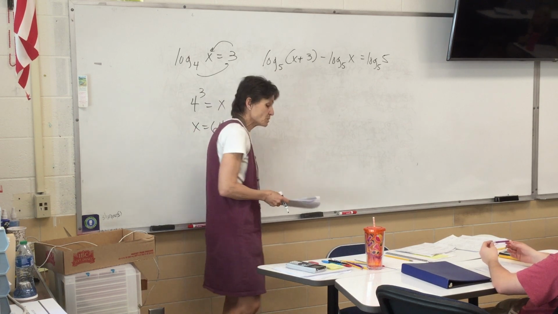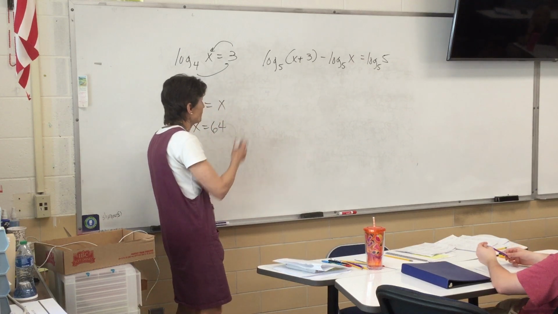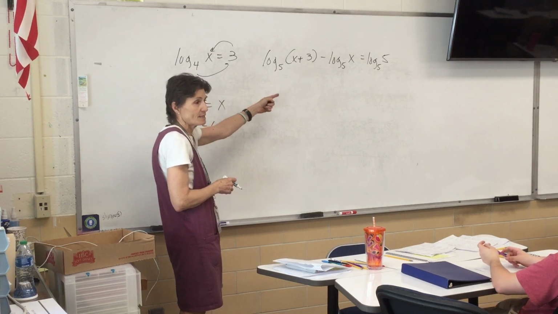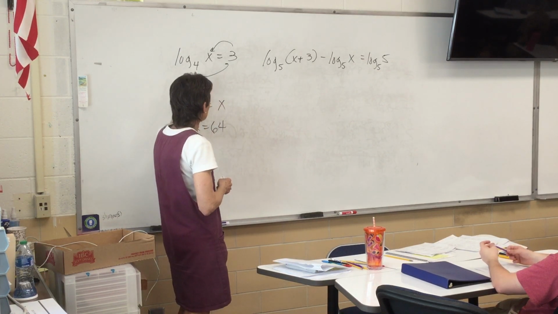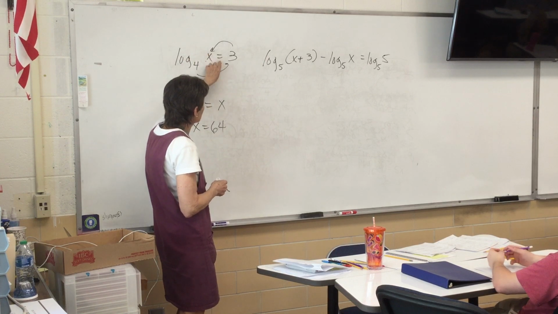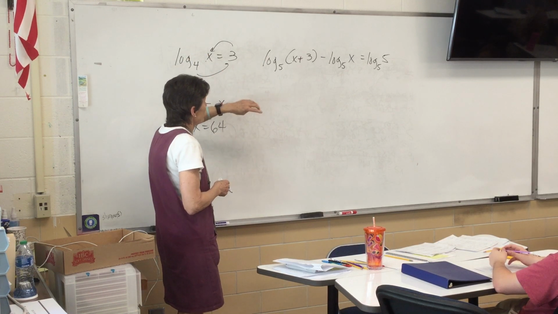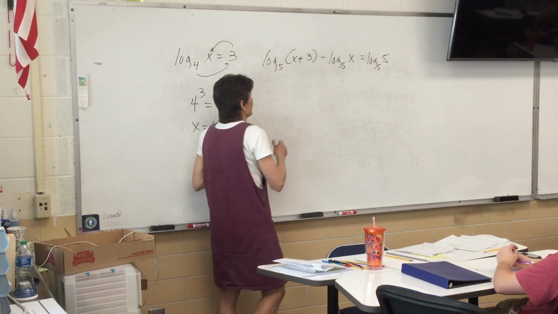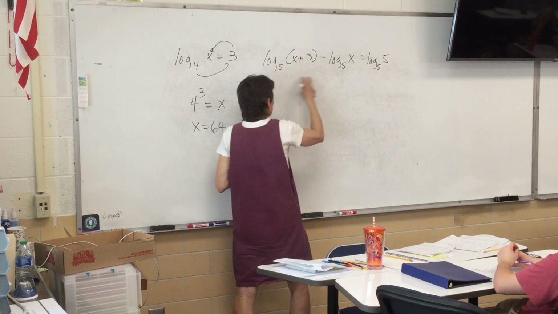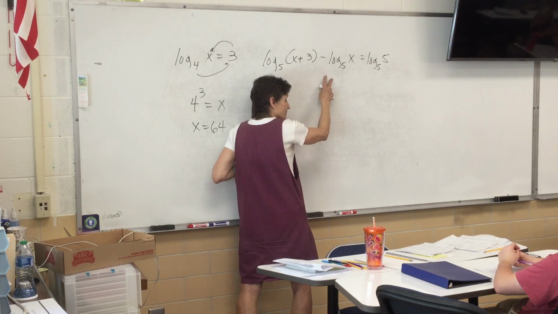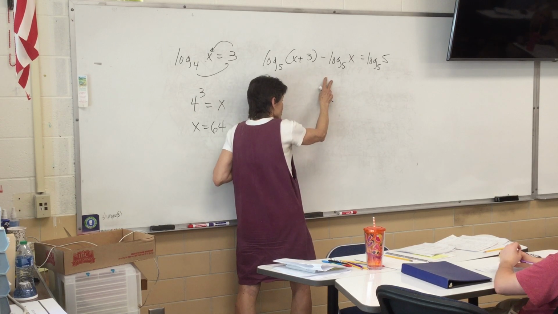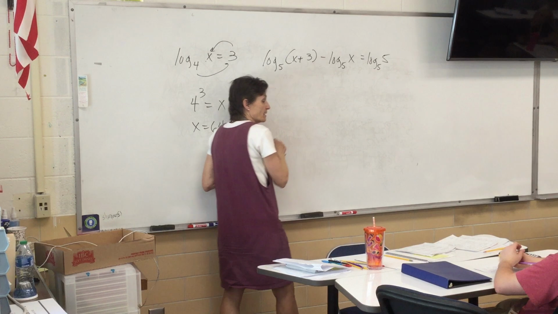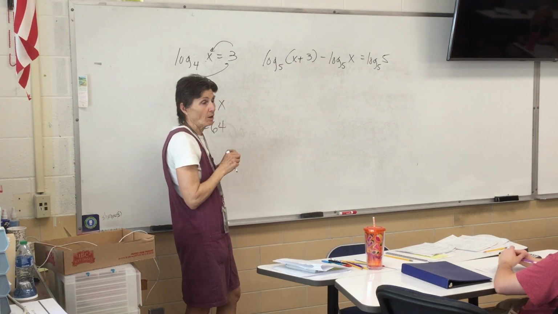All right, so this one is a little harder, obviously. It's got more stuff in it. You cannot do this. This only works if you have a logarithm equal to a number. This is a mess. The big issue is there are 2 logarithms on this side, and you can never solve a logarithmic equation if you have more than one on the side.